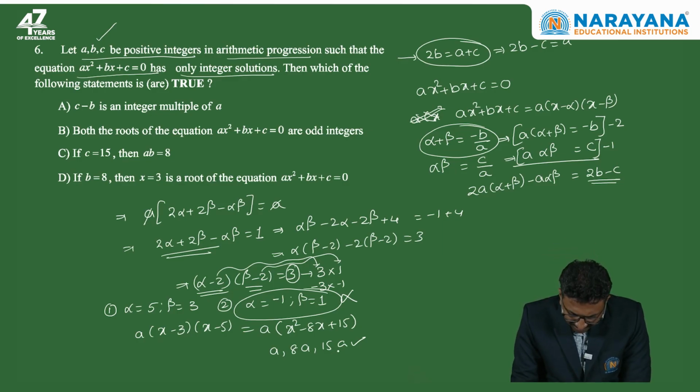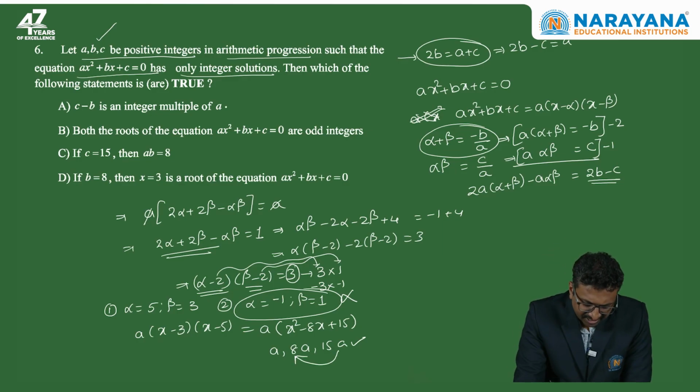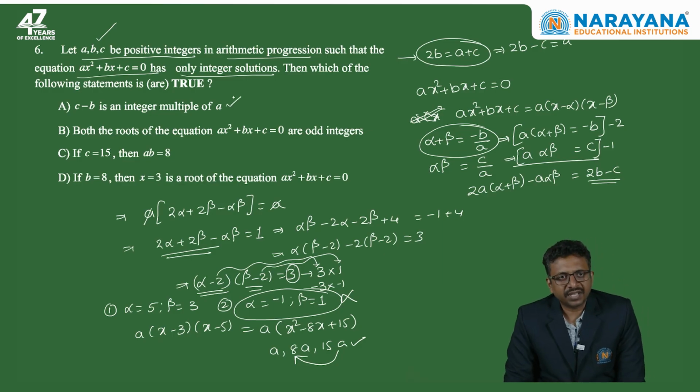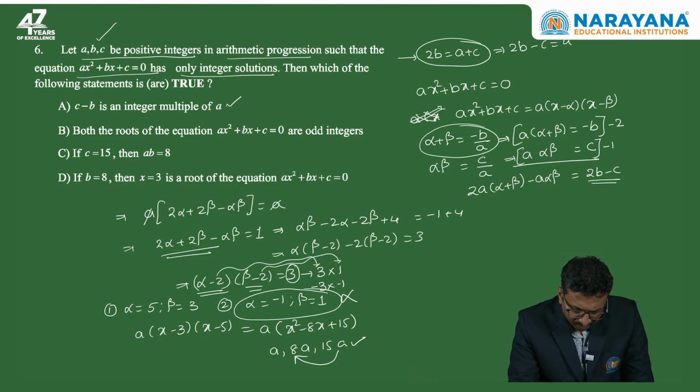If you take c minus b, which is 7a, it is an integral multiple of a, which is correct, right? And both the roots of ax square plus bx plus c are odd integers, that's also correct.